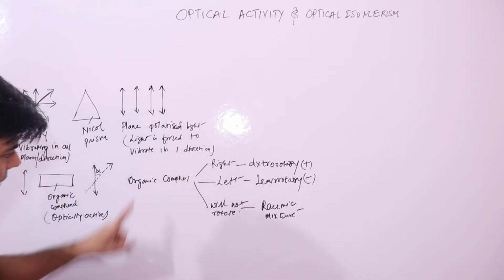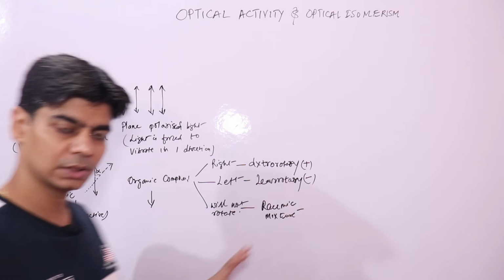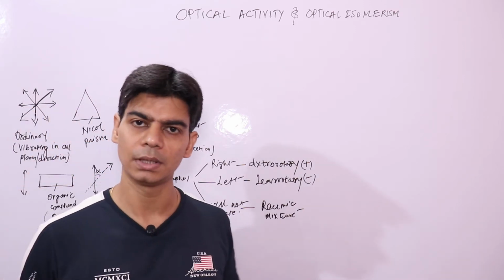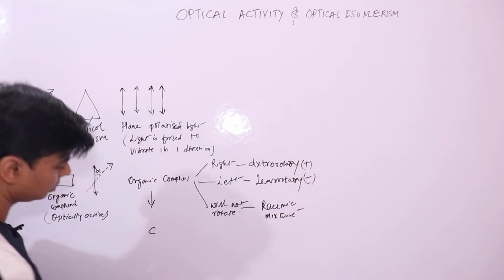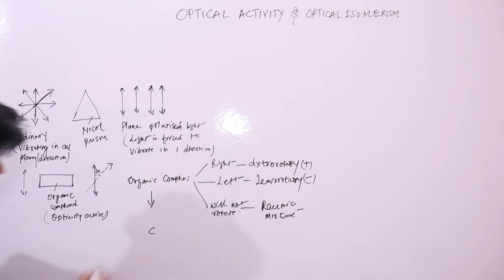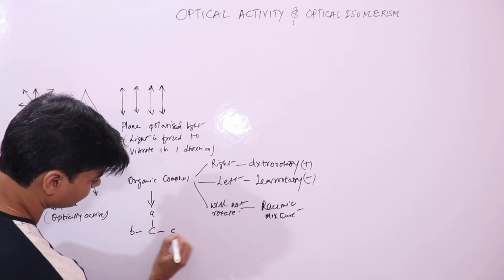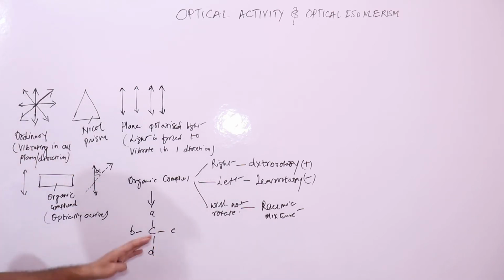So about this organic compound, we know that carbon is tetrahedral, it is sp3 hybridized, so it is connected to four different atoms or groups. So the carbon atom of this organic compound is connected to four different atoms, A, B, C, D, four different atoms or groups, right?